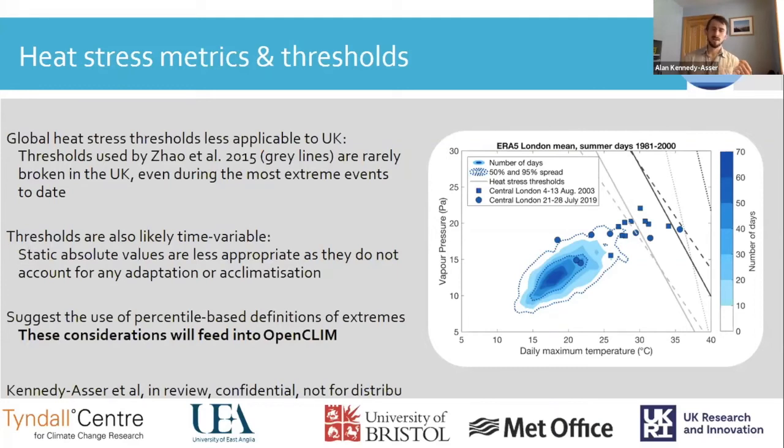And by that we mean you'd pick out, say, the top 1% of days and look at the temperature of that, and then you can recalculate that through time, and you don't just pick the same value that was relevant in the period 1960 to 1990 and assume that that will still hold in 100 years. And those sorts of considerations will feed into the OpenCLIM work that's already been discussed.